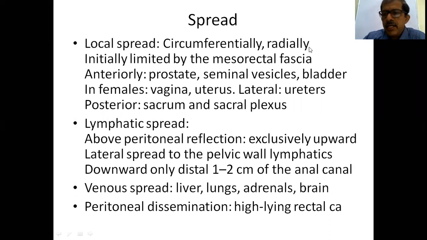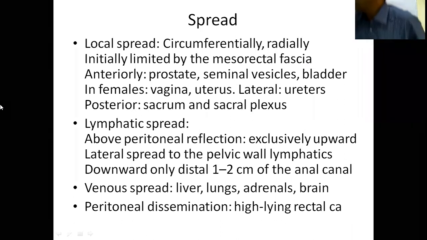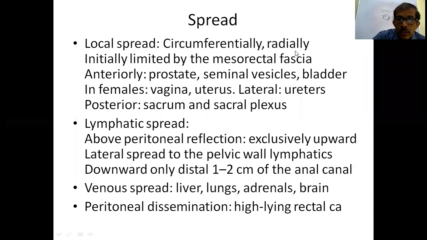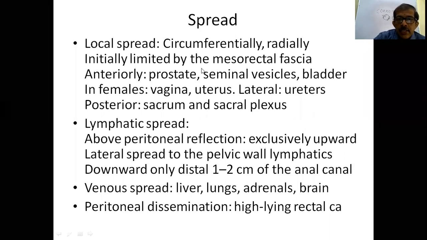Similarly, radially also it will spread. It will start in the mucosa, then submucosa, muscularis, and the rectal fascia. Depending upon the layer, we will say T1, T2, T3, T4. Initially this radial spread is stopped by the mesorectal fascia.